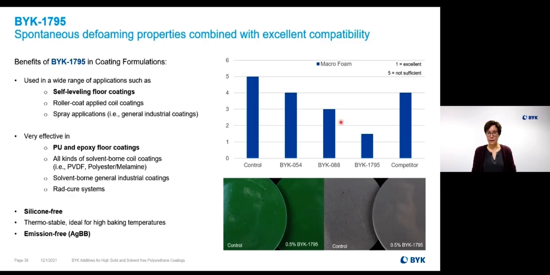Book 088 in that case even helped more, and the 1794 gave more or less no foam at all after application and after drying. Here you see also two other examples for floor coatings, and also here you cannot see any foam bubbles left after drying.